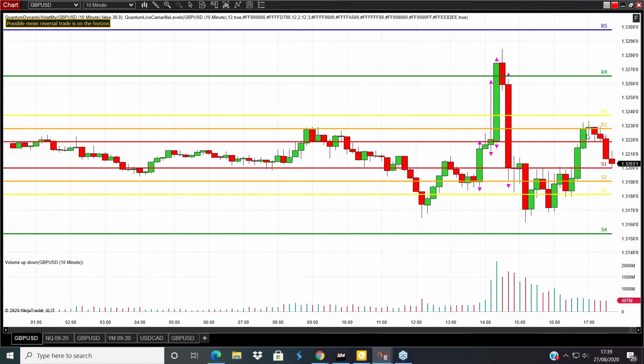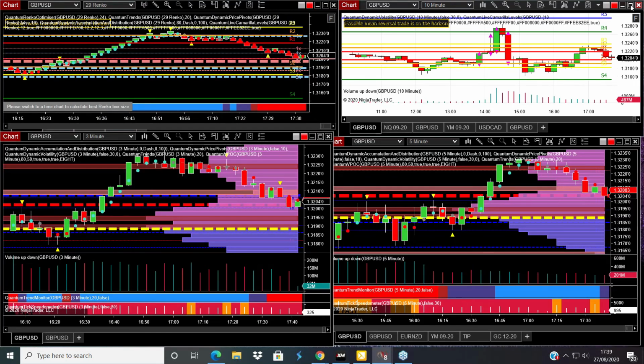They eventually do have to find a direction. There's this really nice little move. It wasn't very big, but it went straight into, again, this is where the levels came into play once again. And there's been a little reversal, and it's now going between the R1 and the S1. But given the time of day, it's probably not unreasonable to expect that it will go back into congestion.